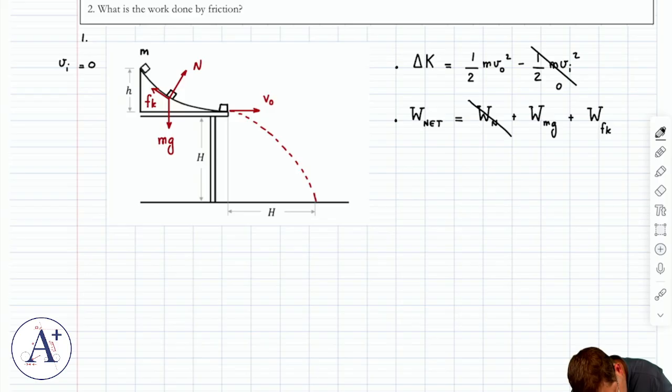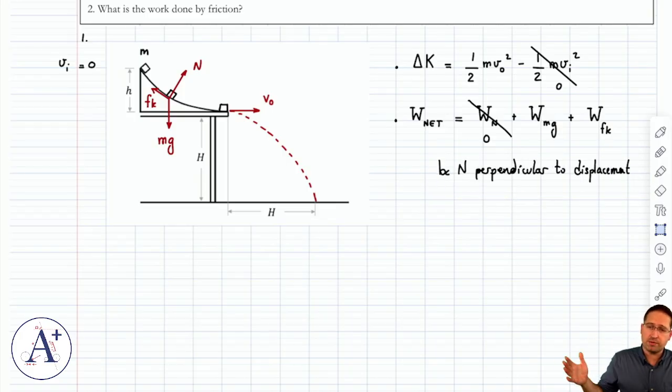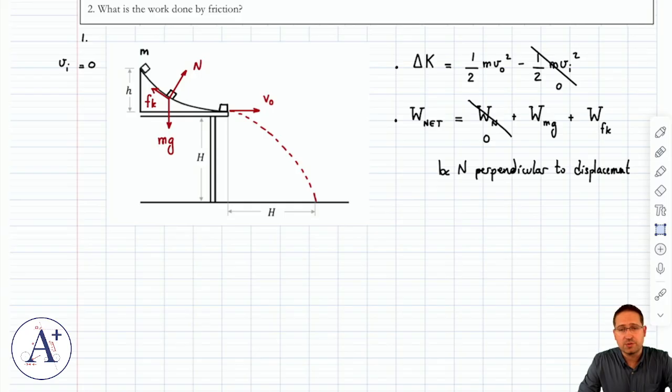Now, this is 0, because n is perpendicular to the displacement. As the block slides down the ramp, even though the shape of the ramp is complicated, n is always perpendicular to the ramp, and since the block slides on the ramp, n does not do any work. It's perpendicular to the displacement at all times.